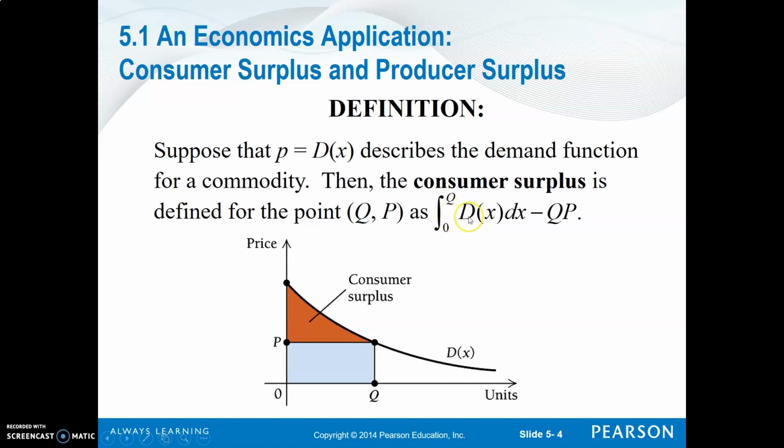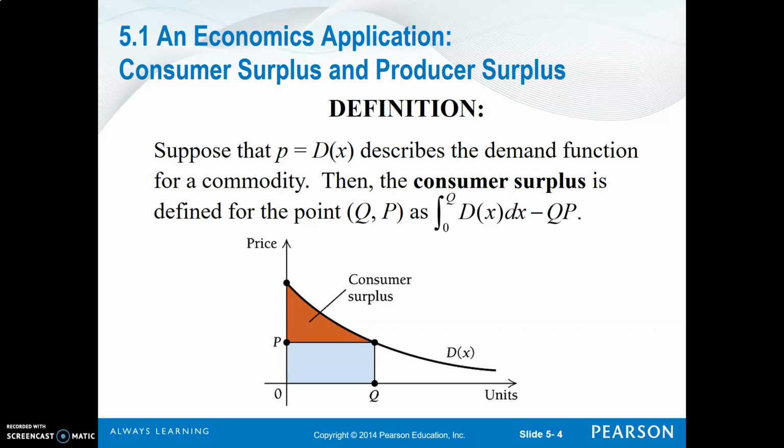Now, the demand function is often decreasing because if I bought 2 pairs, 3 pairs, 4 pairs of shoes, I would, as a consumer, expect the price per unit to go down. If you're going to spend more on more items, you would probably want to spend less money per item in the long run.